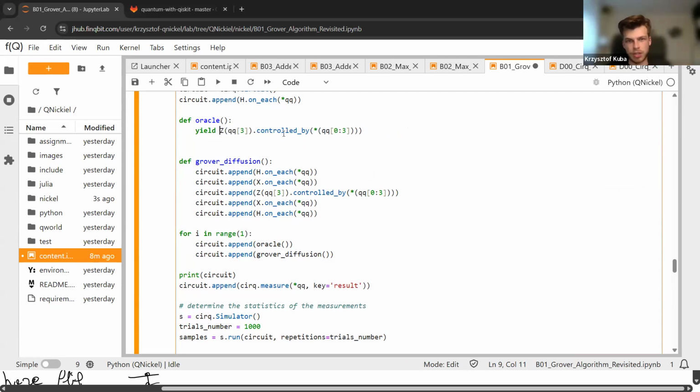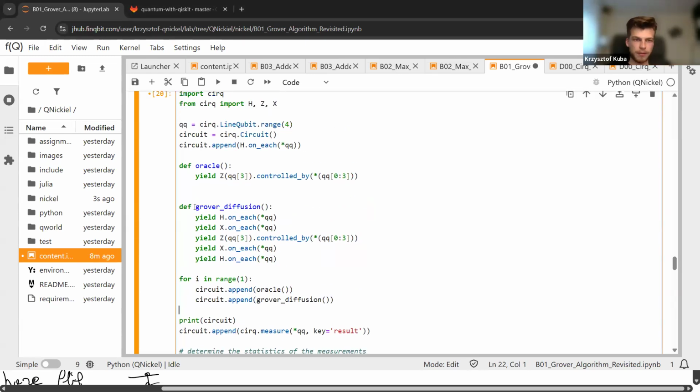Because we have to somehow change our notation and use a yield command. It's somehow different, but it's how functions in Circ work. So if we have a function that we would like to apply on our circuit, we have to use the yield command, and then simply yield the gate we would like to use and apply on our circuit.